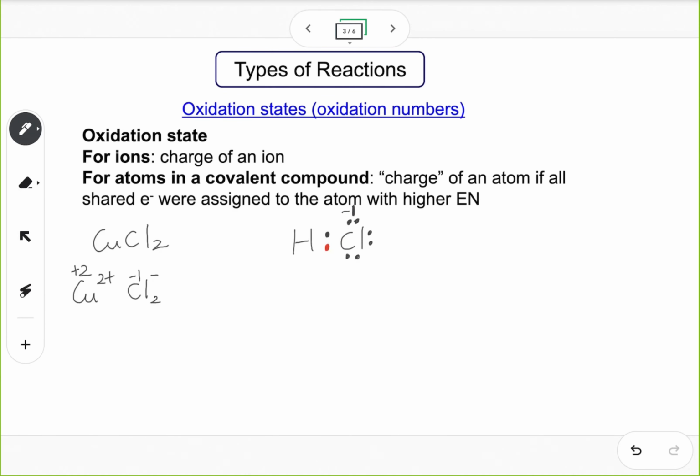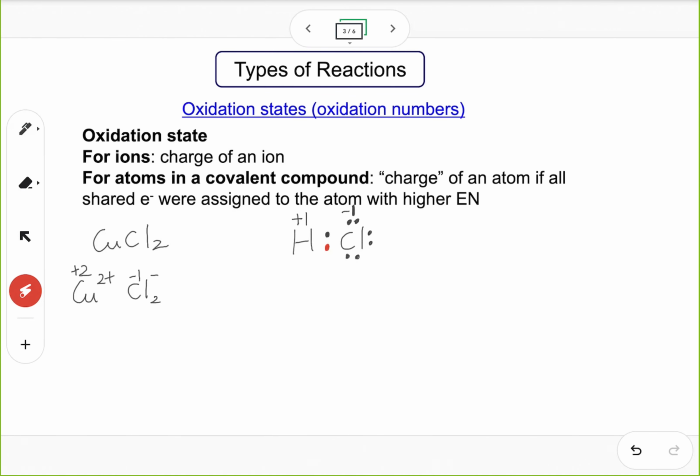But for hydrogen, since it's losing 1 electron, it's going to be labeled as +1 as the oxidation state. That's the assumption here for atoms involved in a covalent bond.